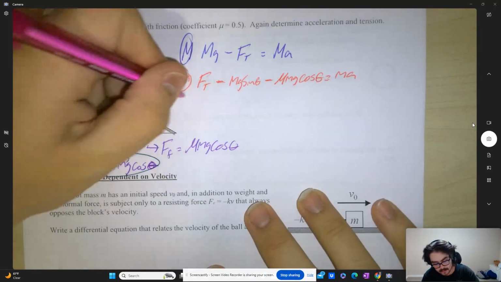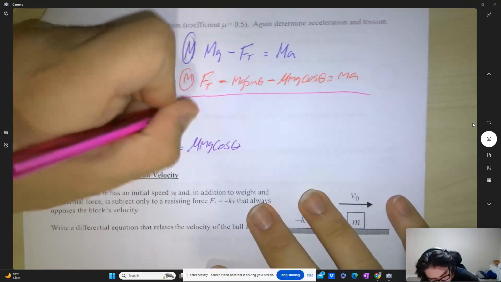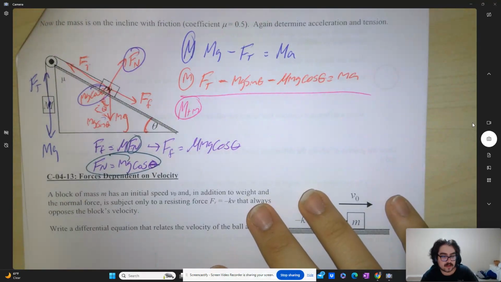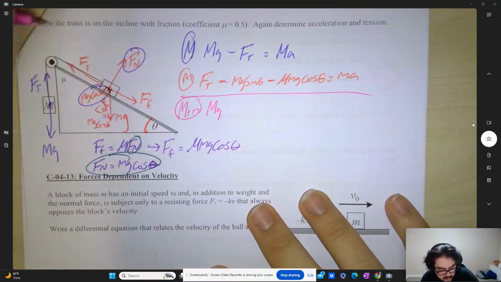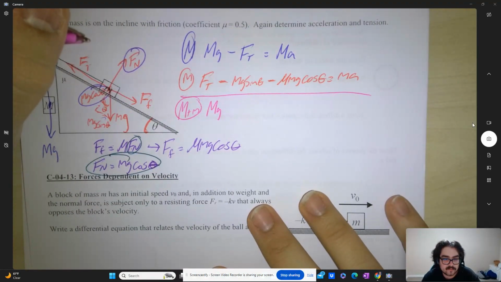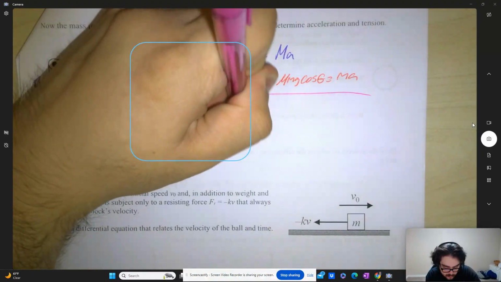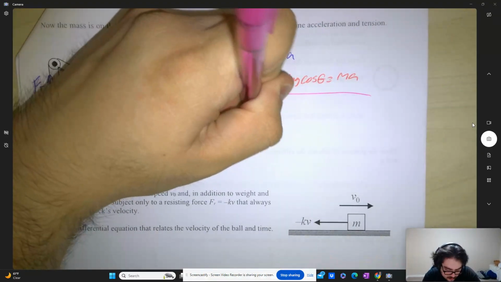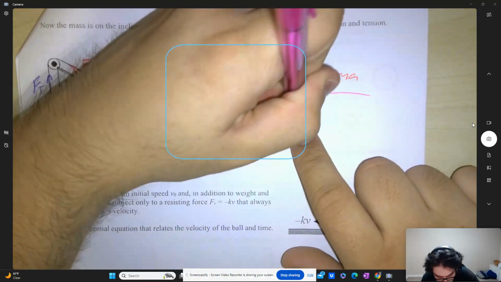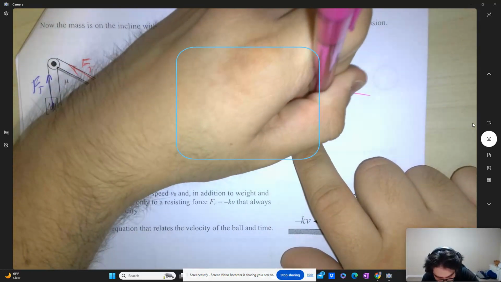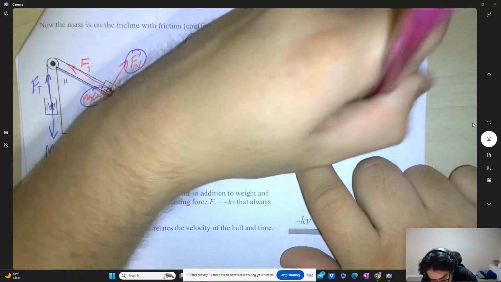When you get the combined expression, capital M plus little m, for the whole system, your forward force is capital mg. Then you have two backwards forces, little mg sine theta and the friction force mu little mg cosine theta, and we set that equal to capital M plus little m times a.